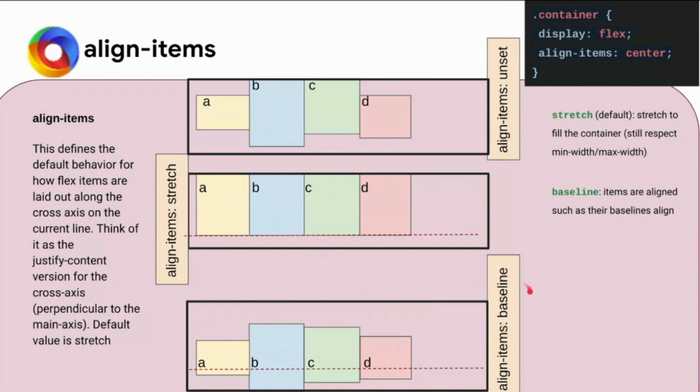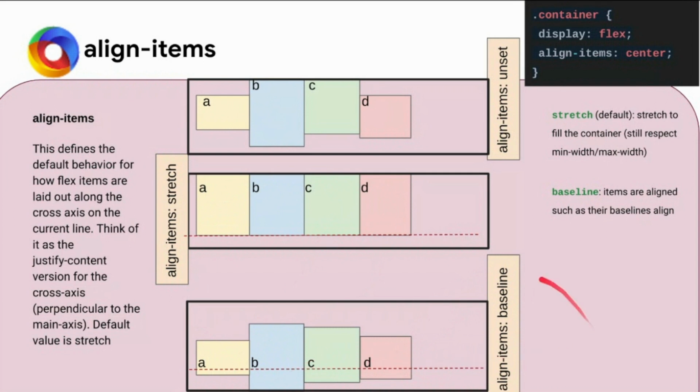One more value is baseline. It aligns everything in a row by the last line of text. Suppose the last text is A, with some full stop, and from that point it measures everyone's last line and aligns so that all the lines come together. Suppose here some sentences are written and the last word is A, and here some sentences are written ending with B, and the rest of the space is left as it is.